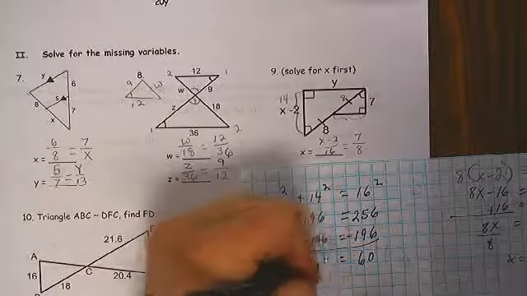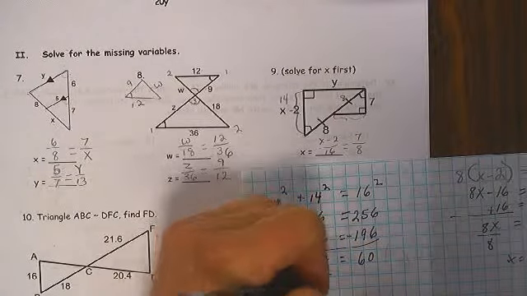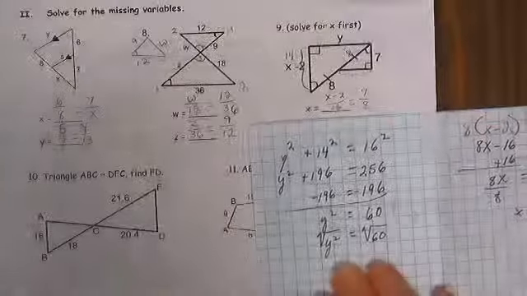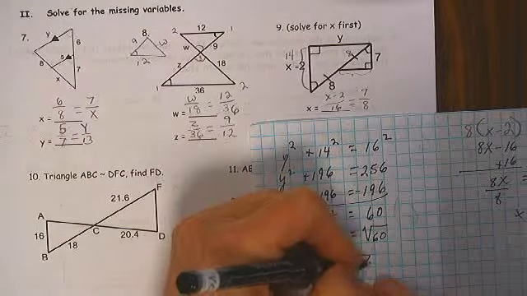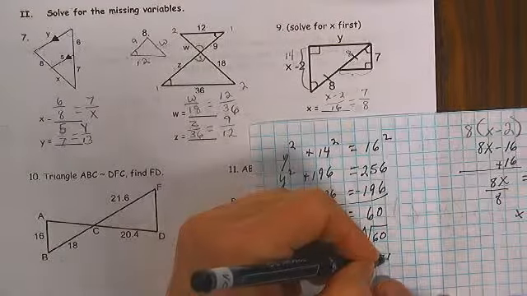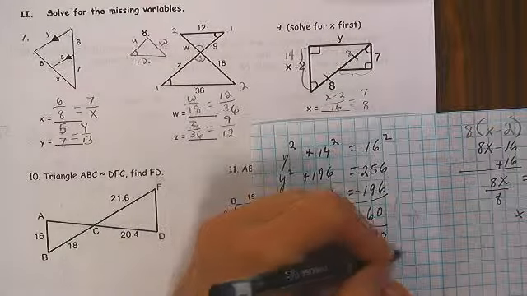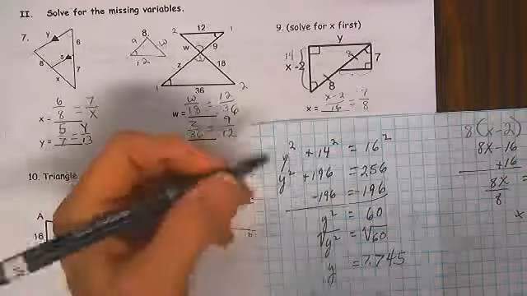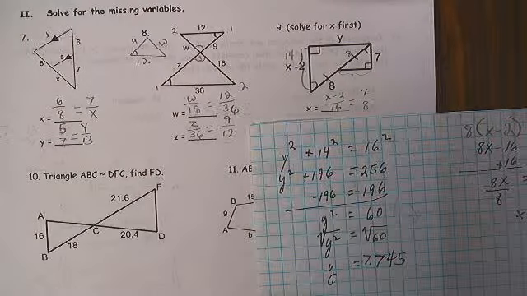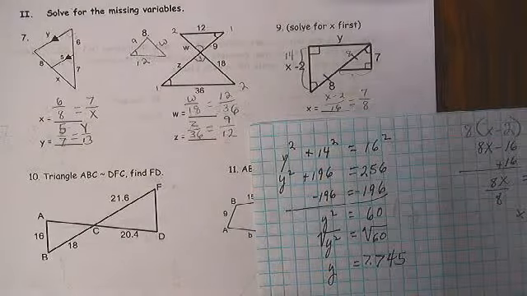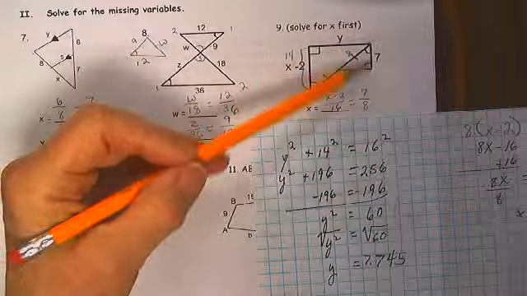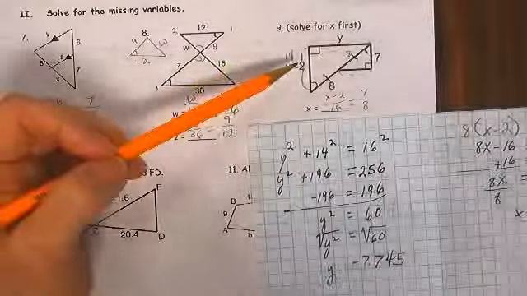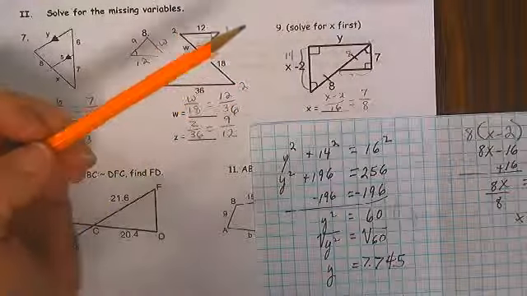And the square root of 60 is 7.7. And that makes sense. Where did you get the 14?